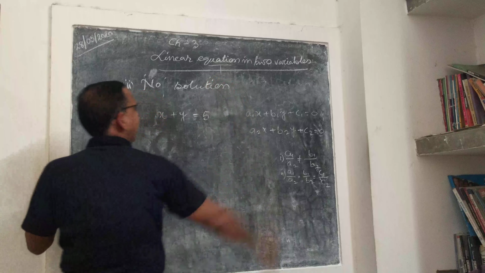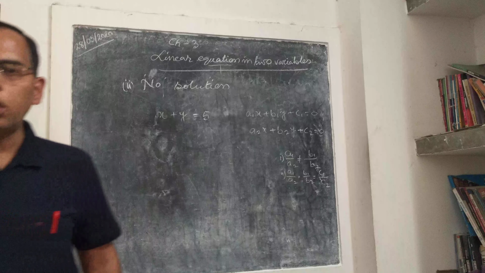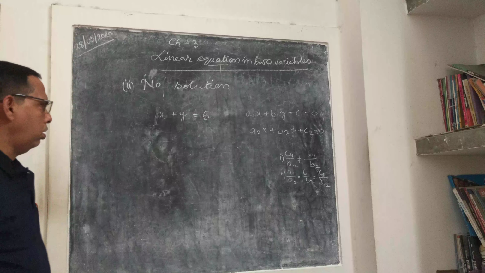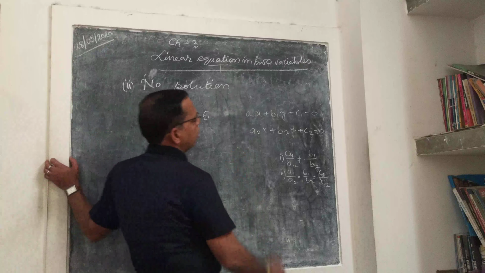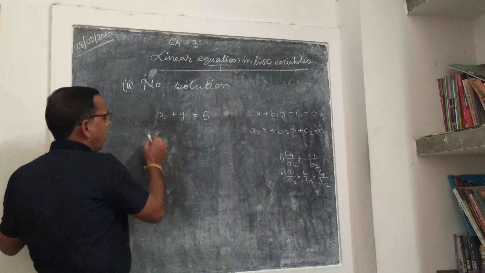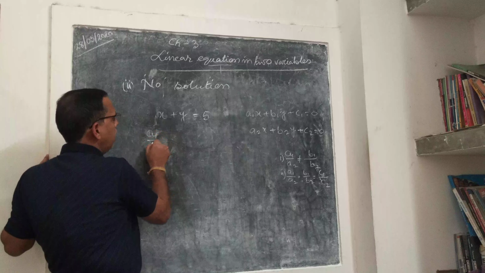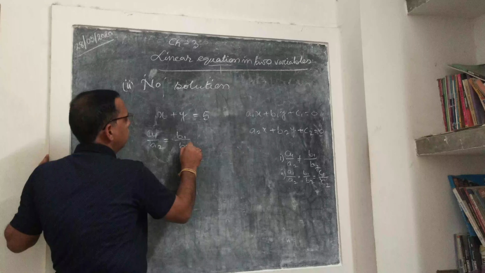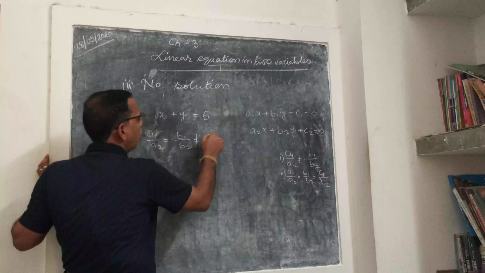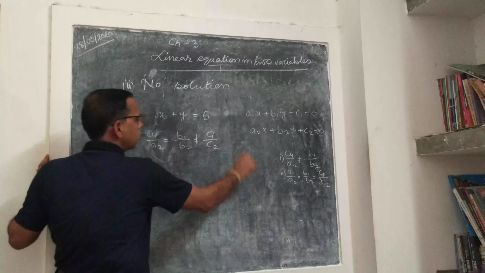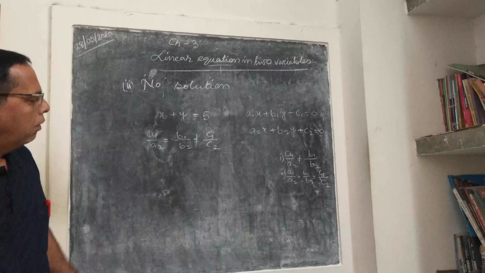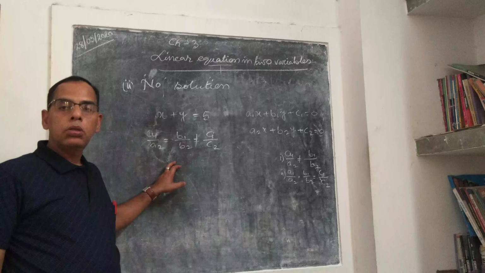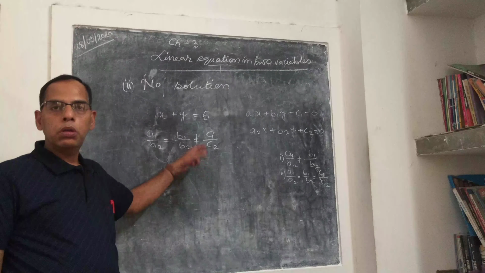That means we cannot get a solution at all. In that case, what is the condition? The condition is that A1 by A2 equal to B1 by B2 not equal to C1 by C2. So remember, if A1 by A2 equal to B1 by B2 not equal to C1 by C2, then we will get no solution.